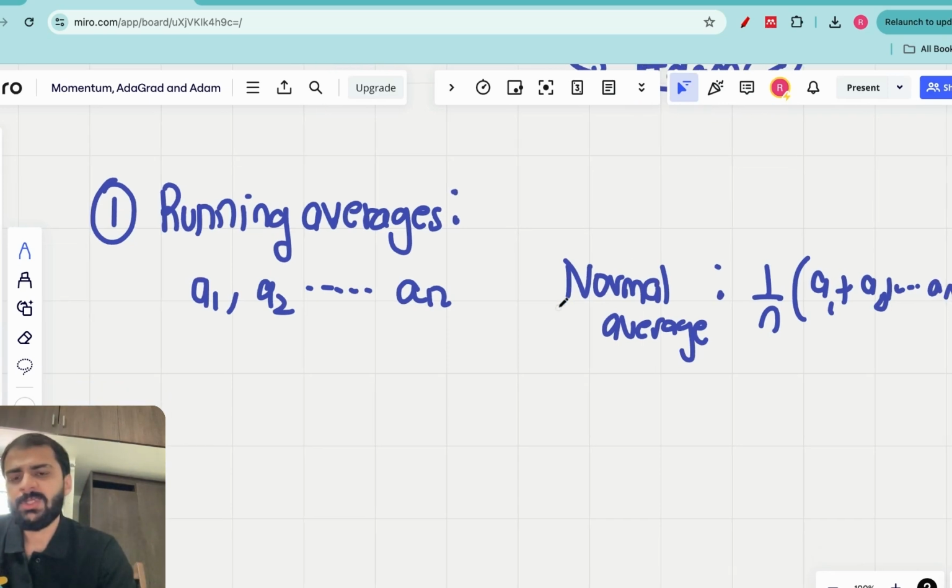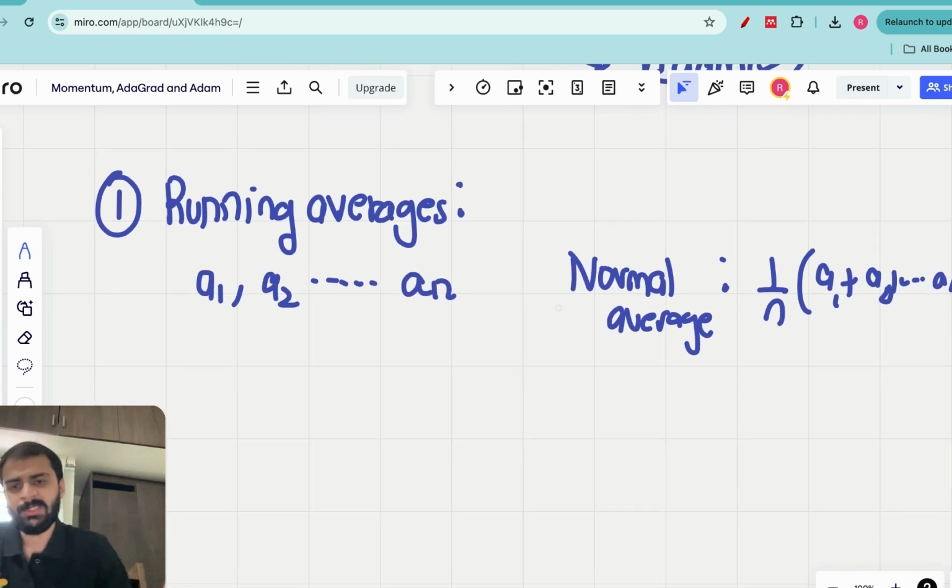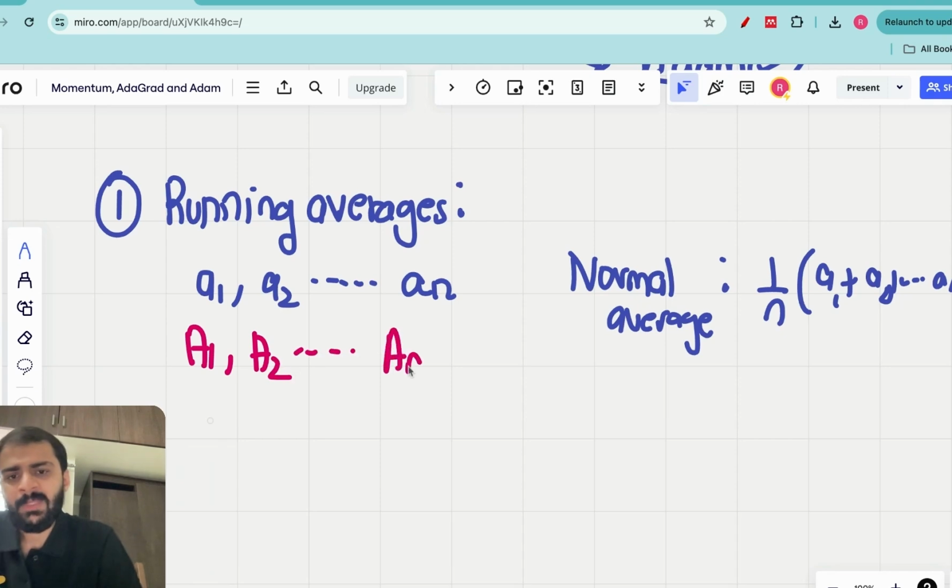A moving average is an average which changes based on the particular element which we are looking at. When we look at a moving average or running average, it is denoted by A1, A2, dot dot dot An. So at every step of this sequence, we will essentially have a running average or a moving average.